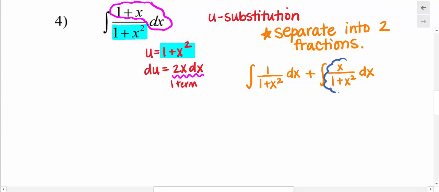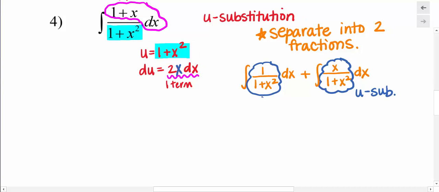This right here is the U-substitution. But this first one is not U-substitution, and we talked about why. There's no variable in that numerator, so if I identify 1 plus x squared to be u, I need a variable of x somewhere evident for my du, and I don't have that. So this should scream inverse trig to you.